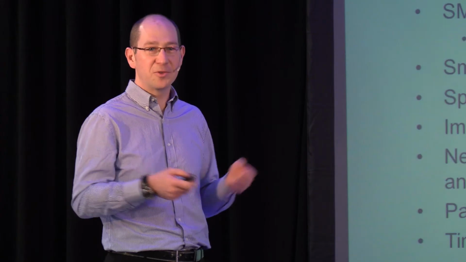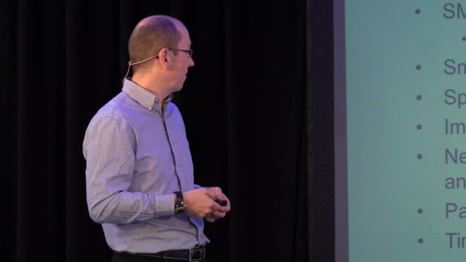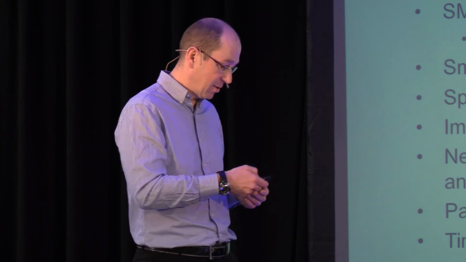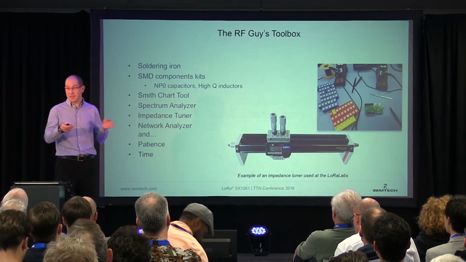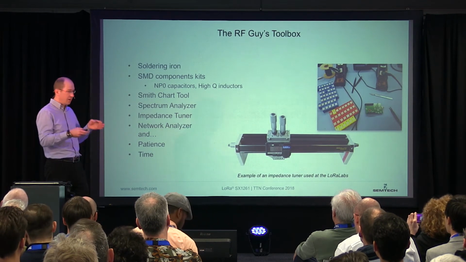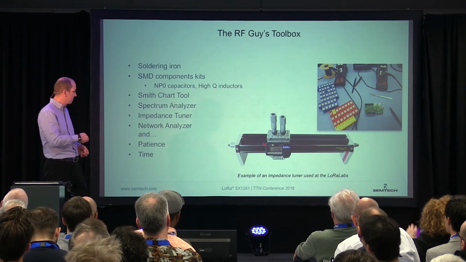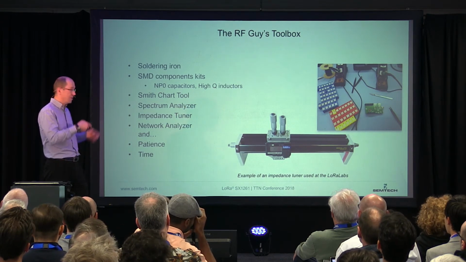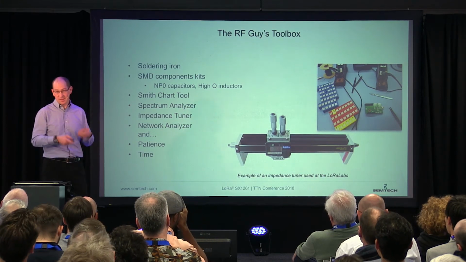It's difficult to avoid using a Smith chart tool if you want to tune. A spectrum analyzer to measure the output power that you have and the harmonics, very useful. And if you want to play with impedance, then you might need an impedance tuner, a network analyzer, and some patience and time.